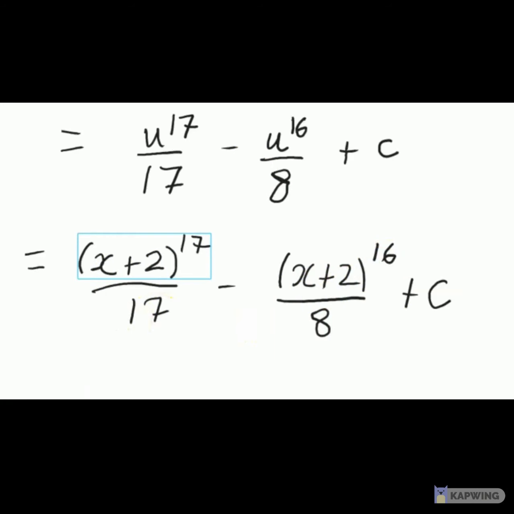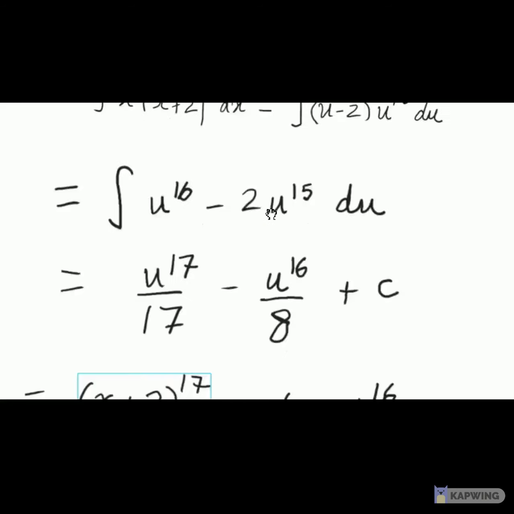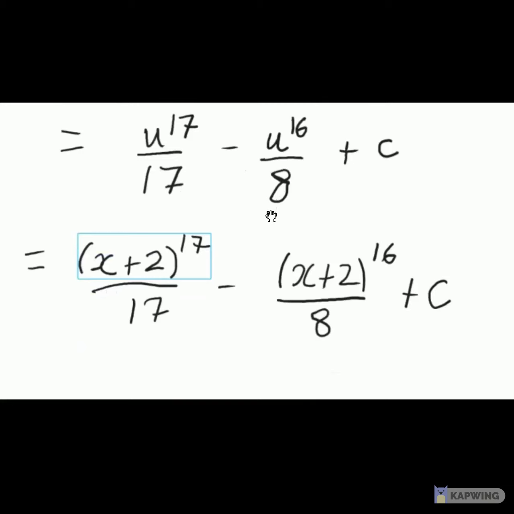So what did we start off with? We started off with the integral of x times (x plus 2) raised to the power 15 dx, and we have arrived at an answer, which is (x plus 2) raised to the power 17 on 17 minus (x plus 2) raised to the power 16 on 8 plus c.